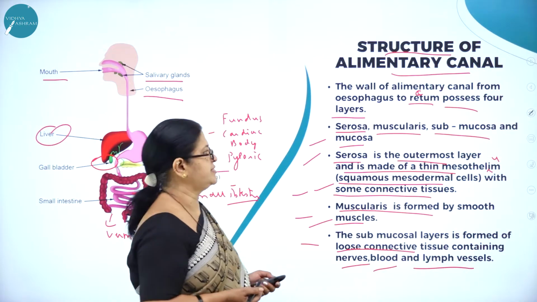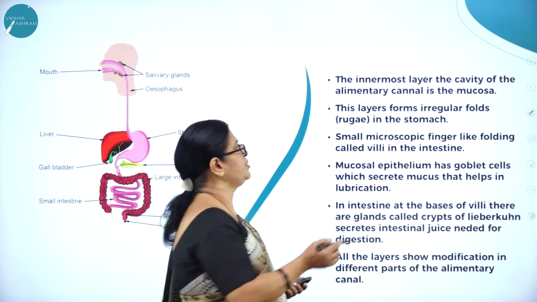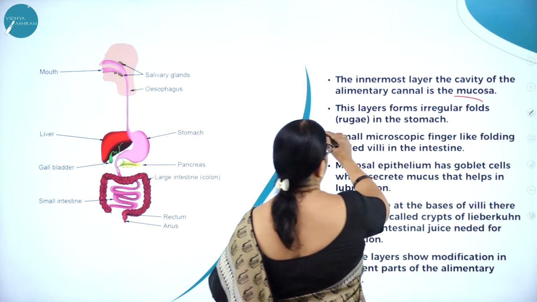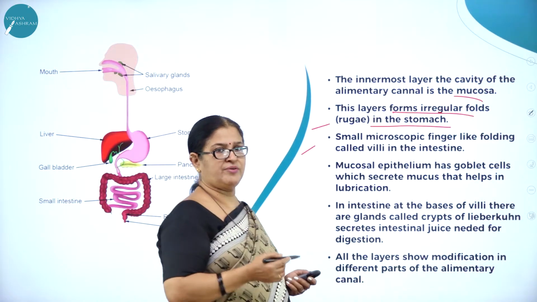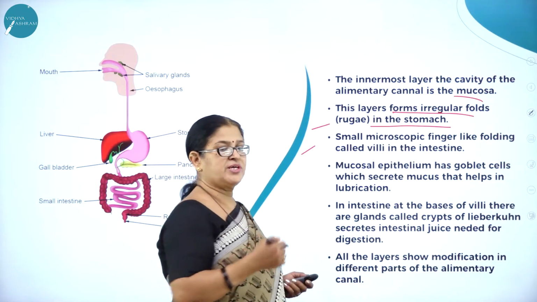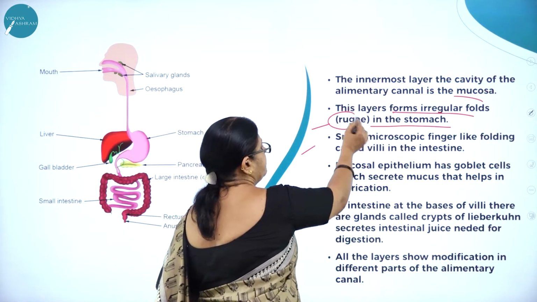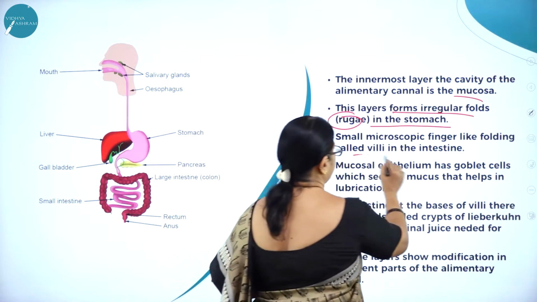The innermost layer, the cavity of the alimentary canal, is the mucosa. This layer forms irregular folds in the stomach. I think we have already studied the structure of the stomach, where we came across the irregular folds called rugae. Then small microscopic finger-like folding called villi in the intestine.